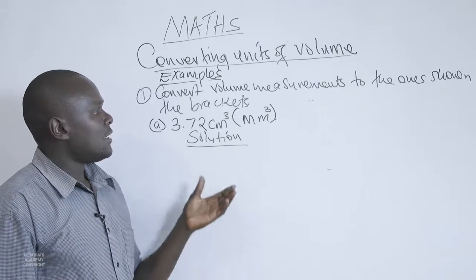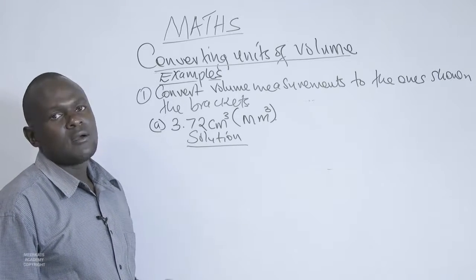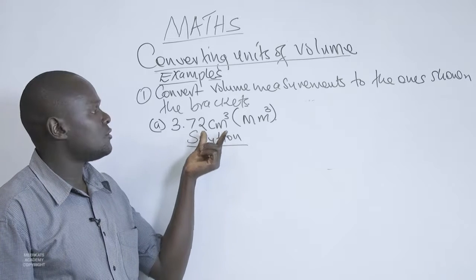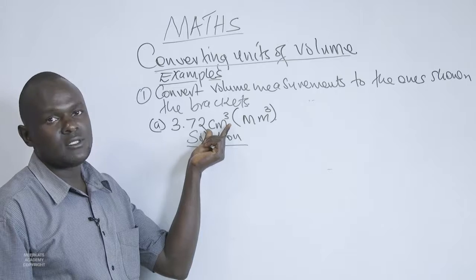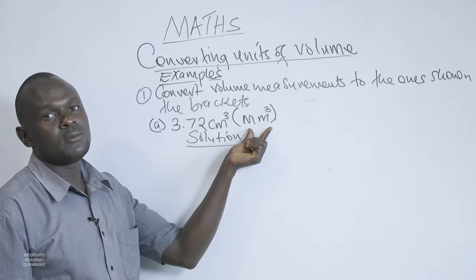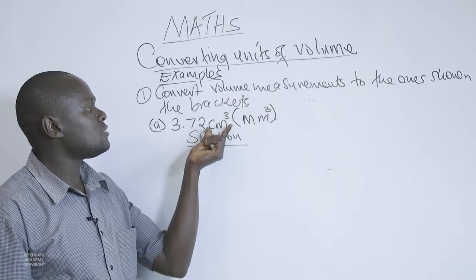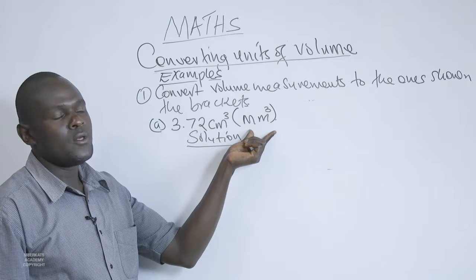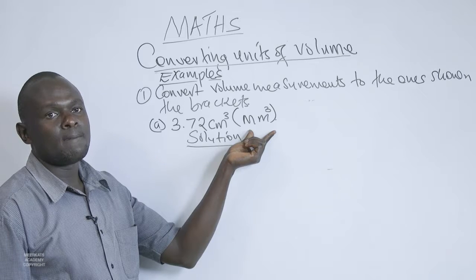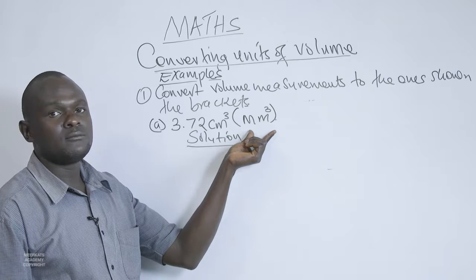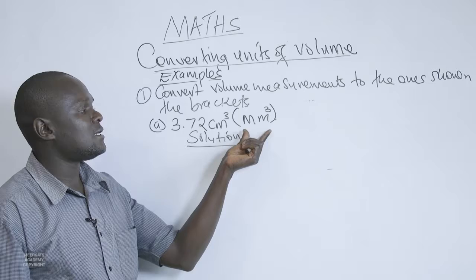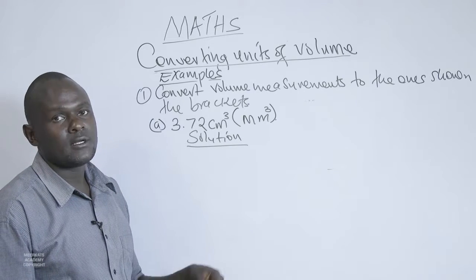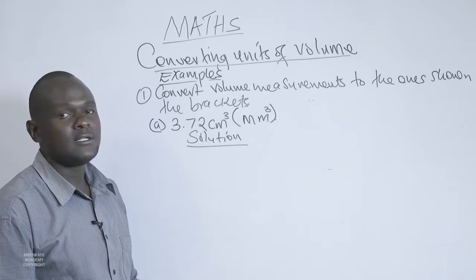You will realize that in this example, we are converting from a larger unit, because cubic centimeters is larger than cubic millimeters, to a smaller unit. This will make us perform multiplication by a certain factor, indicated on the flowchart we have just learned.